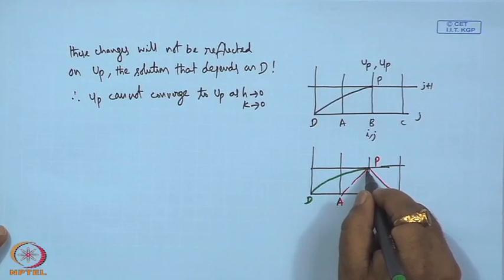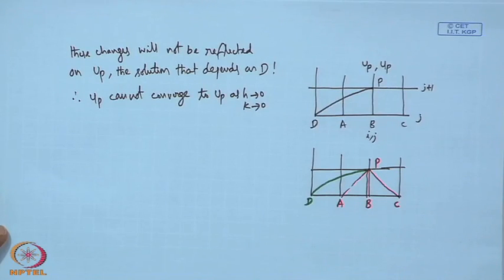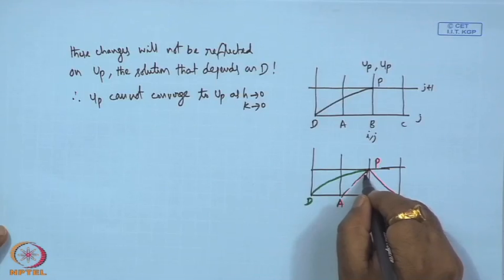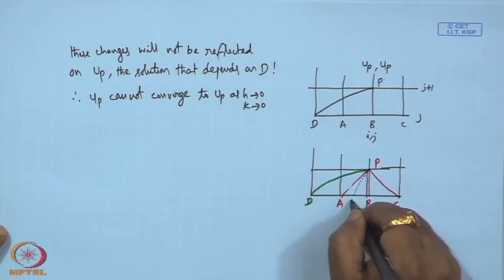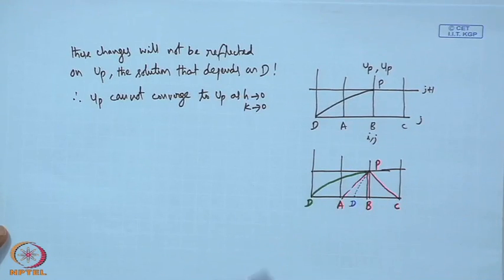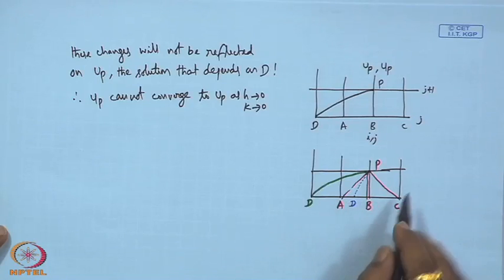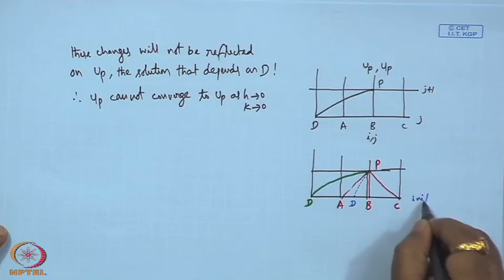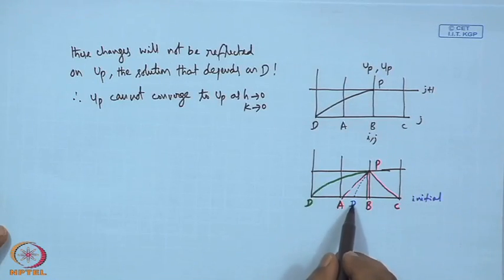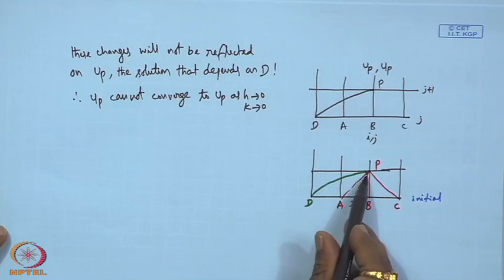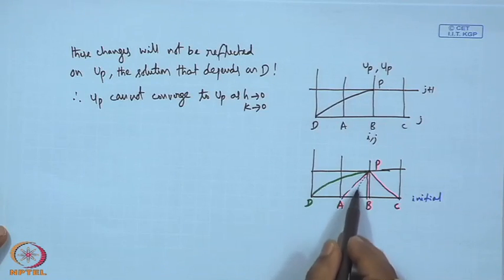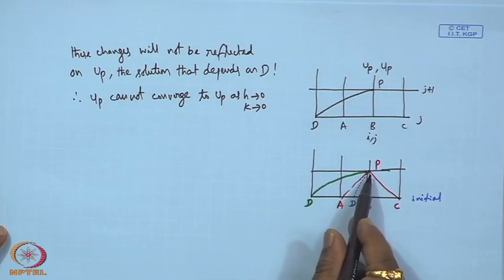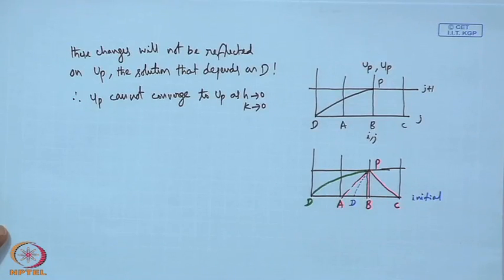Now if D lies within the interval, any changes on the initial data make D also change, and those changes are percolated to P. Accordingly the solution capital U_P also responds.